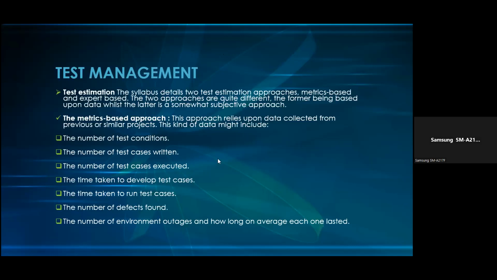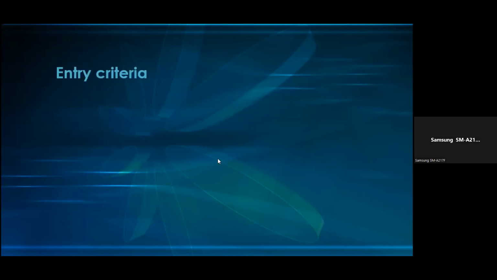We found 50 defects; the ones that are fixed, 40 or 35 fixed. The number of environment outages. What are the disruptors? What happened while we were testing in the environment? All those things are what we put in the metric-based approach.